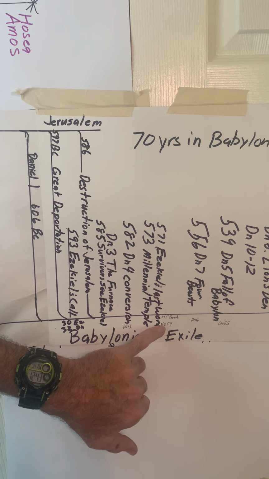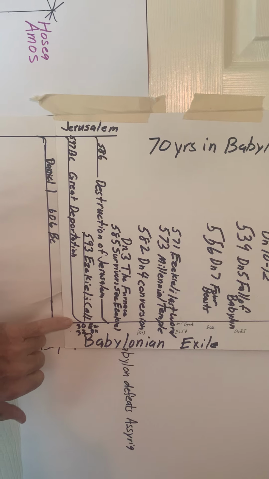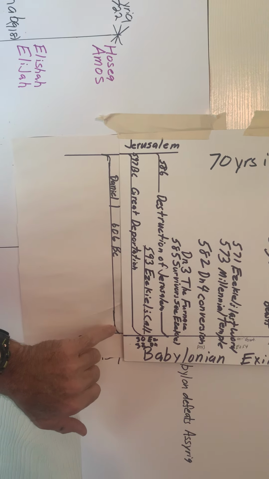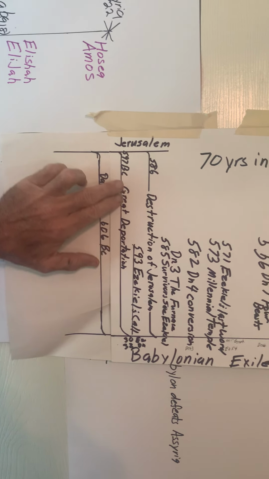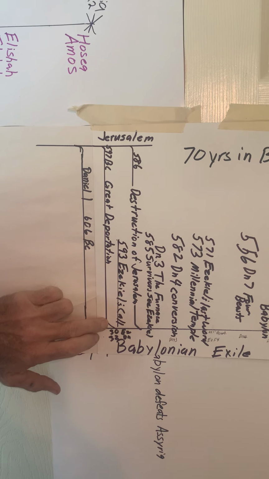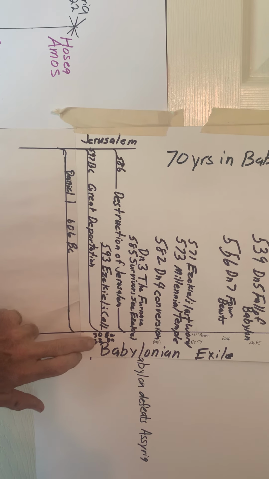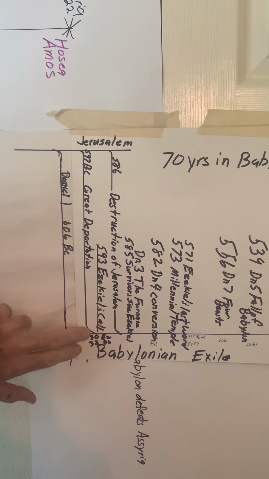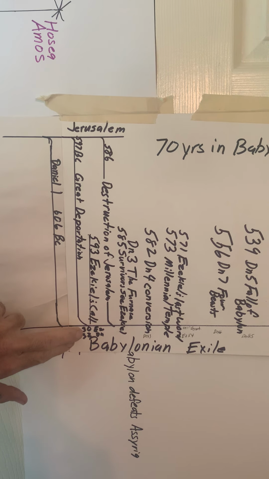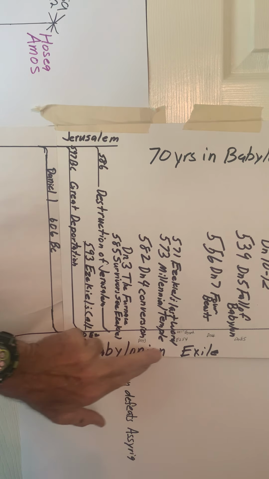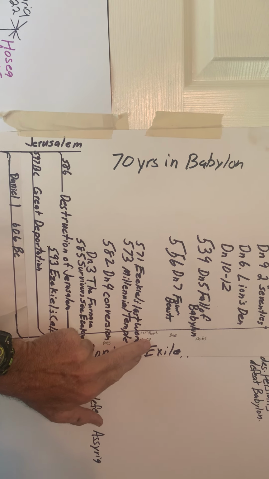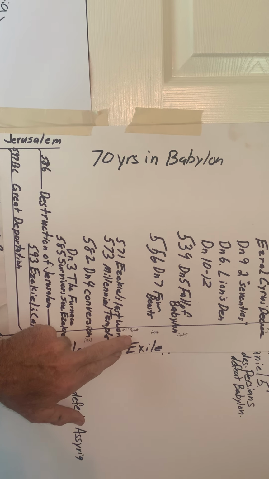So Daniel was deported at age 18, a little later on, when the great deportation took place and Ezekiel was brought over. Around this time, Ezekiel will be 30, Daniel will be 32, Ezekiel is 54, and that's the last word we hear from him.